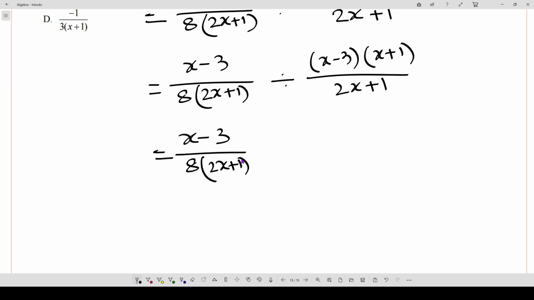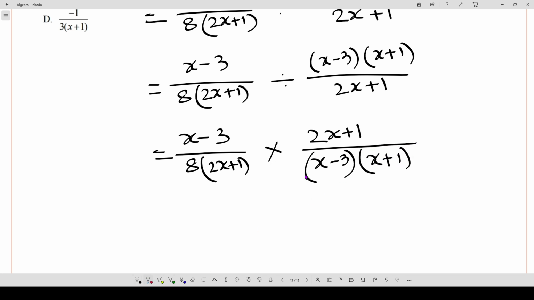Once we divide one fraction by another fraction, the first fraction will be unchanged, and the second fraction will be multiplied, and the fraction will be flipped, or it will be the reciprocal. So it will be 2x plus 1 over x minus 3 times x plus 1. Now we can cancel 2x plus 1 and 2x plus 1, it will be 1, and x minus 3 and x minus 3. So the ultimate answer will be 1 divided by 8 times x plus 1.